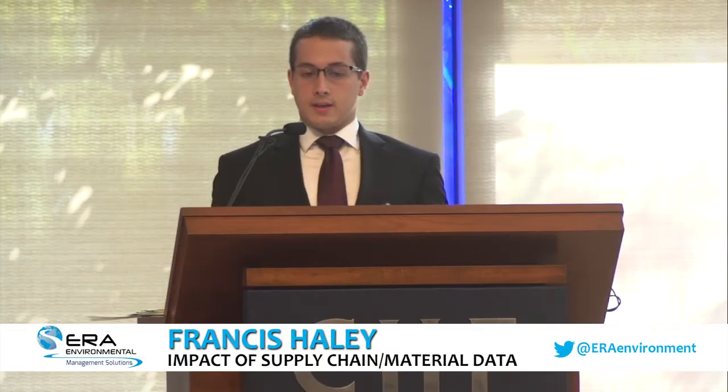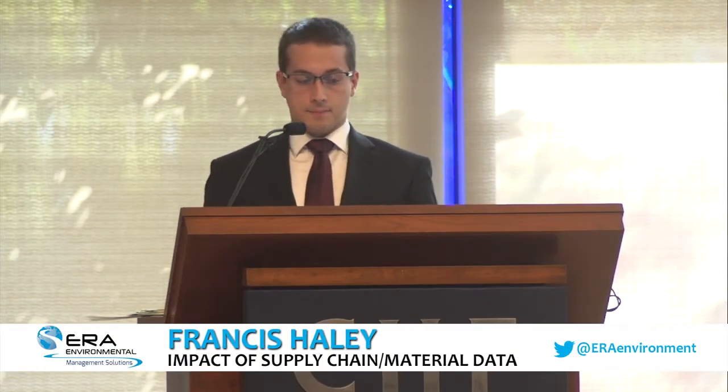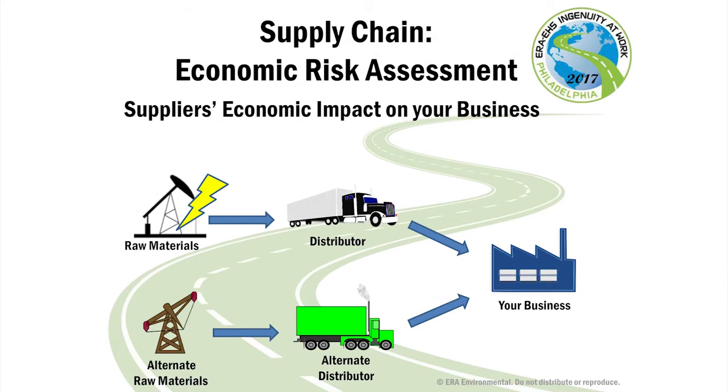So let's start then with the economic risk assessment. Your suppliers provide you the goods and services that are instrumental to the continued existence of your business and to your general business plan. So they'll go from your raw materials and then provide them to you, or there may be several steps intervening there.